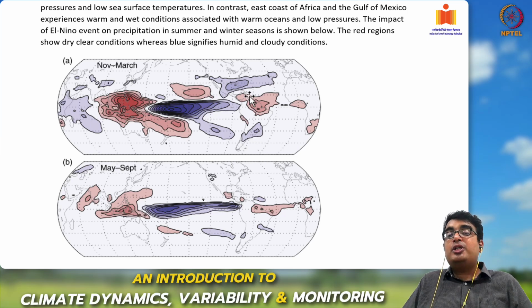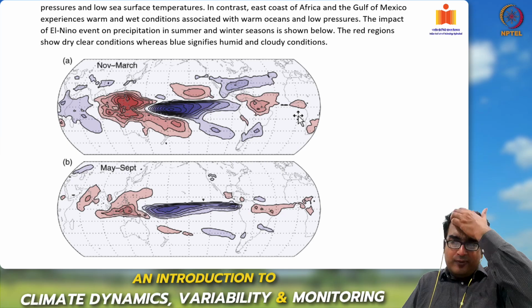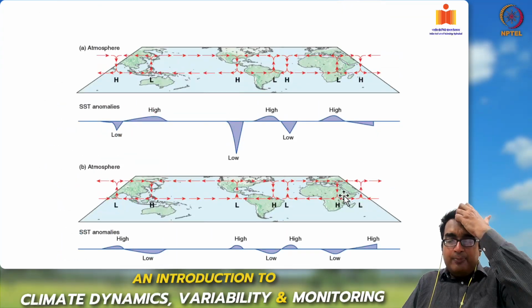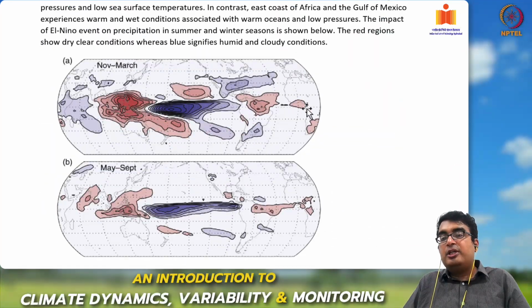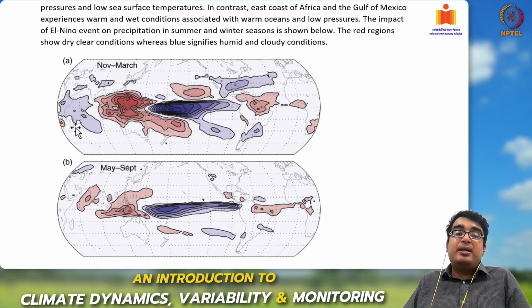However, dry conditions occur over the east coast of Central America and Brazil. Similarly, dry conditions occur over the regions of Africa where you have high pressure zone here. So you get drought conditions over the coasts of Africa and Southern Africa. But you will have wet conditions in the east coasts of Africa and Madagascar region.